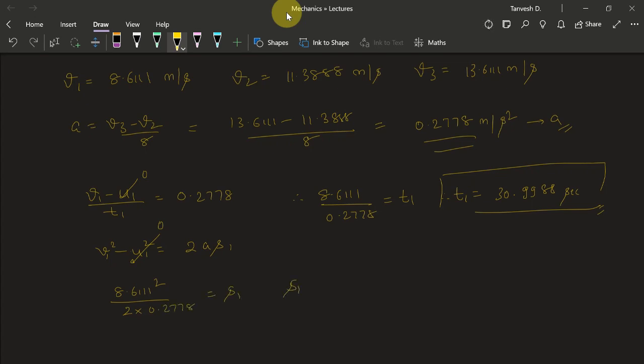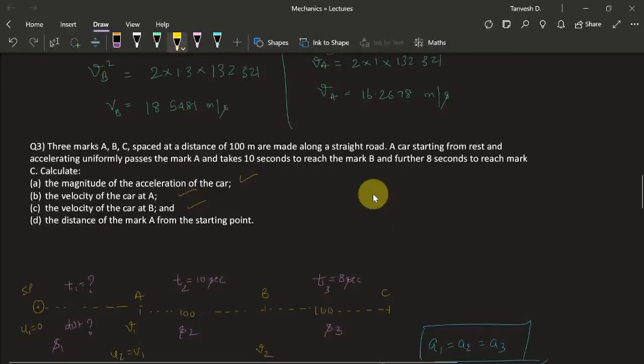So s1 will be equal to 133.4612 meters. So we have finally found everything that we require for this numerical.